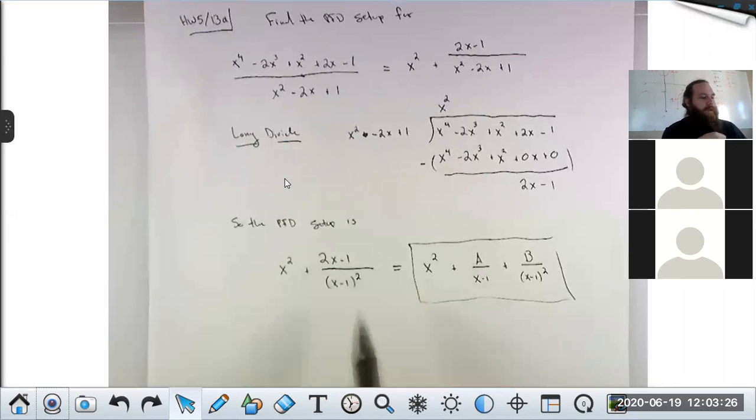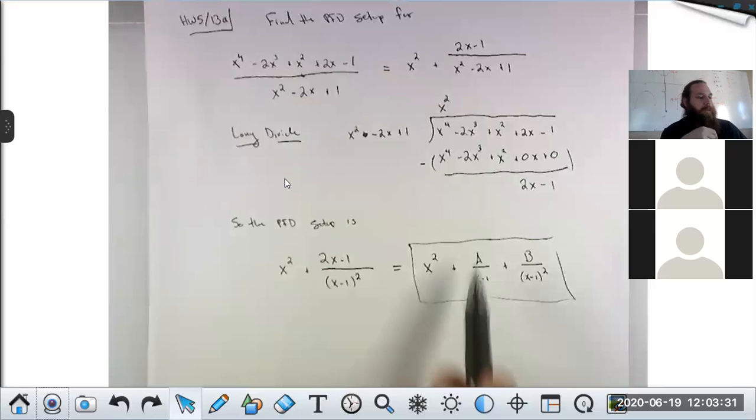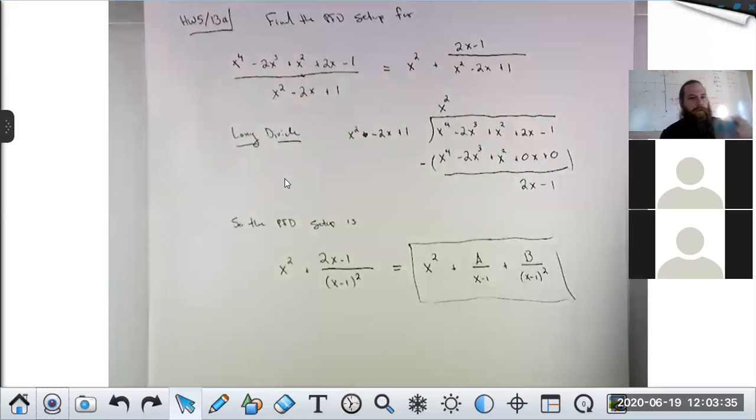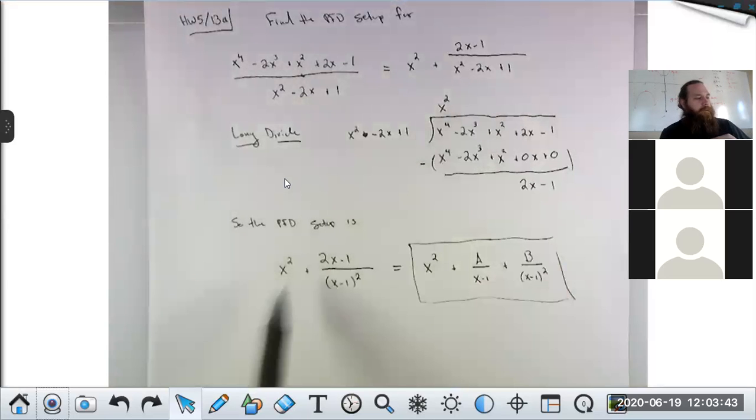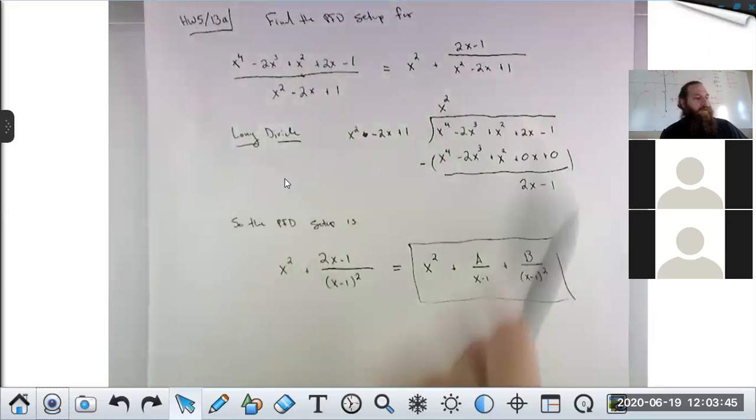So the x squared comes along for the ride because there's no need to decompose him, and then this guy gets decomposed like that. Yeah, if I had gotten a larger quotient here, then that whole quotient would be here, and then whatever remainder term would contribute the piece that still needs decomposition.